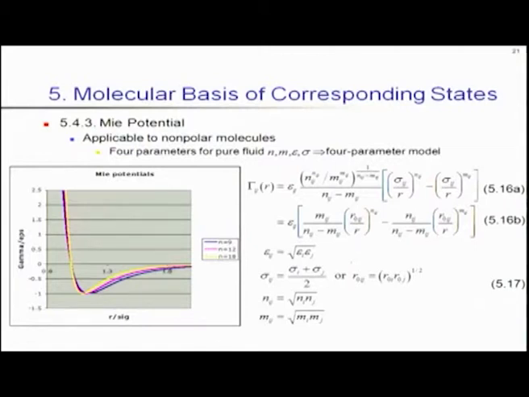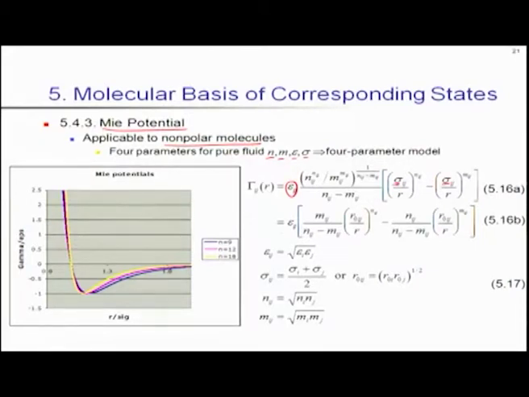So, let us consider one which is a very generic potential model, that is the Mie potential. It is applicable to non-polar molecules. It has 4 parameters for a pure fluid: n, m, epsilon, sigma, and it is written in this form. Epsilon, of course, we know is the well depth of the potential model. n and m are the other parameters, and sigma is of course the size of the particles.